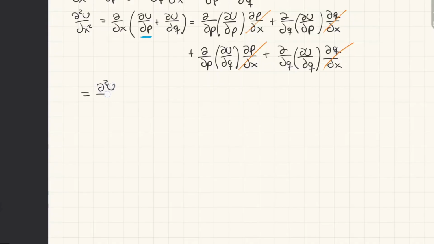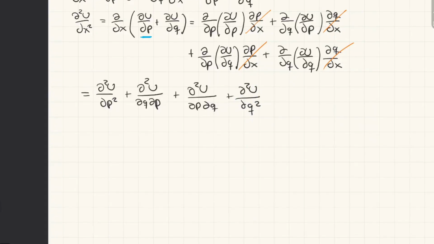The second derivative of u with respect to p, plus the second derivative of u with respect to p with respect to q, and then plus the second derivative of u with respect to p with respect to q, plus the second derivative of u with respect to q.